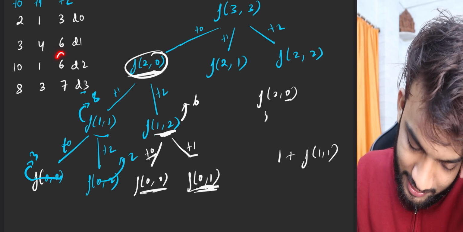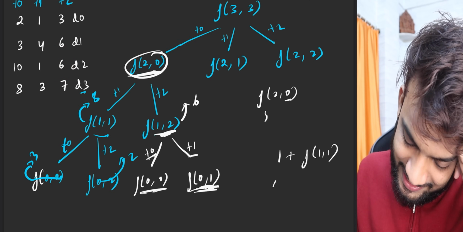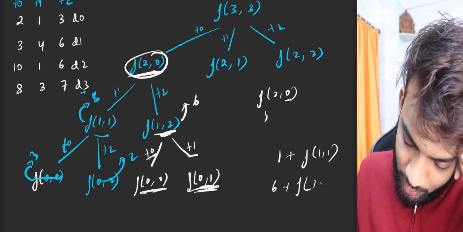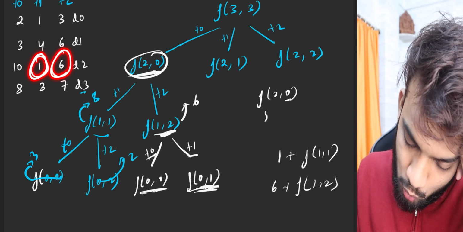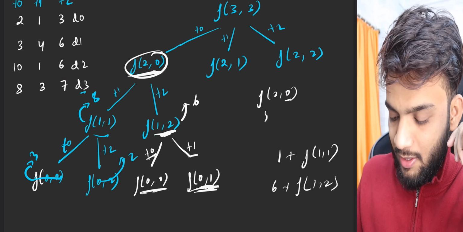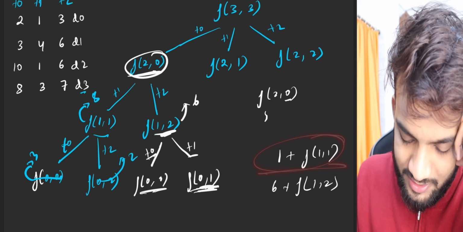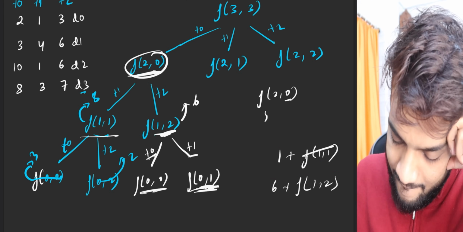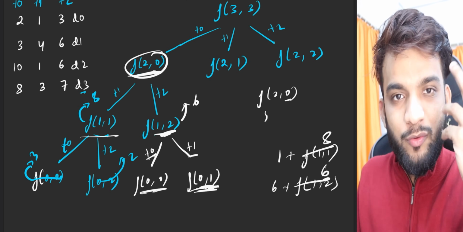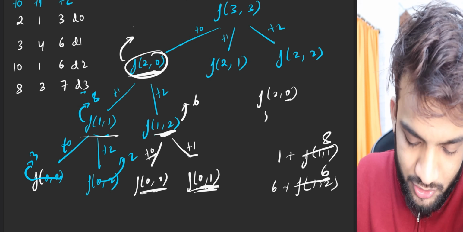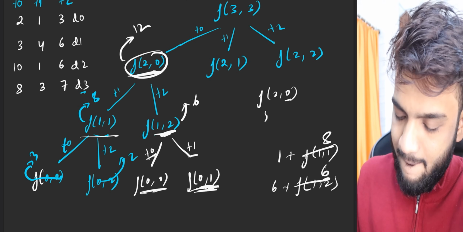Or you can be like, let's perform 6. So it's like 6 plus f of 1 comma 2. So either you perform the task 1 or task 2 because task 0 was there, right? So 1 plus f of 1 1. What is f of 1 1? 8. What is f of 1 2? 6. So 9 and 12. Which one is maximum? 12. So you return 12. Got it?